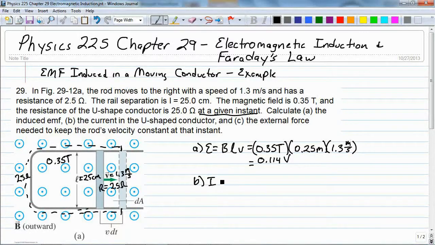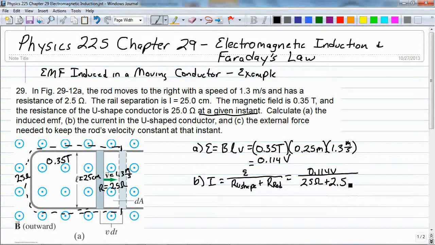So my current is going to be equal to my induced potential divided by the resistance of the U-shape plus the resistance of the rod, and I calculate that out and I get 4.136 milliamps.